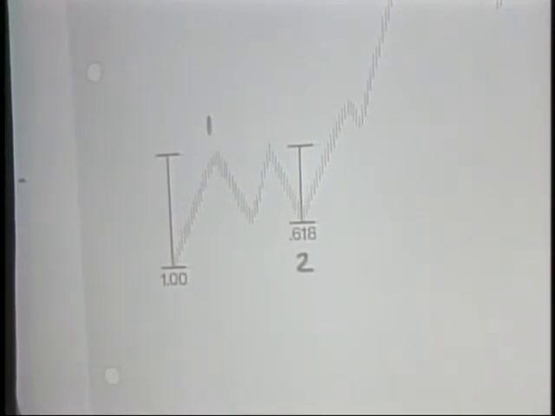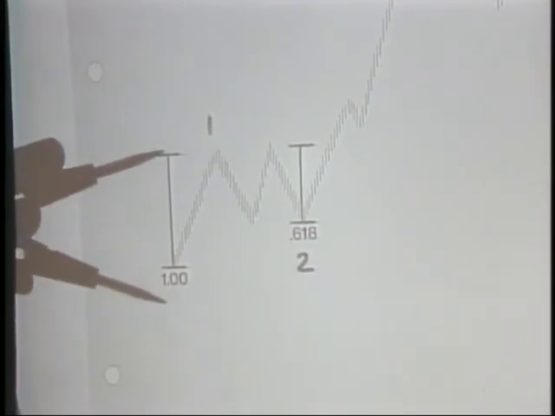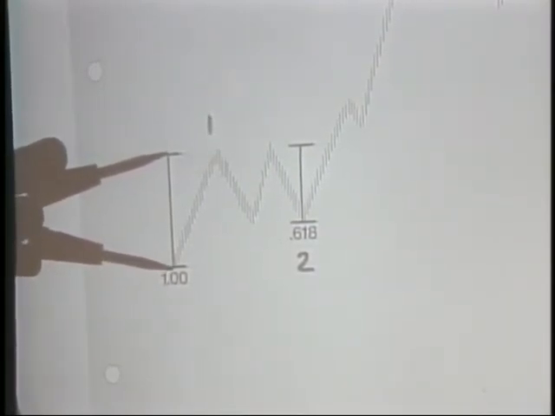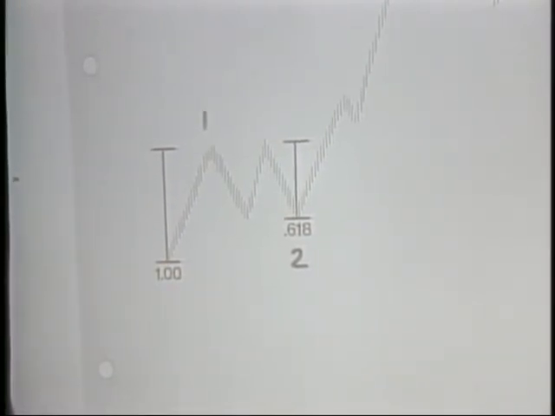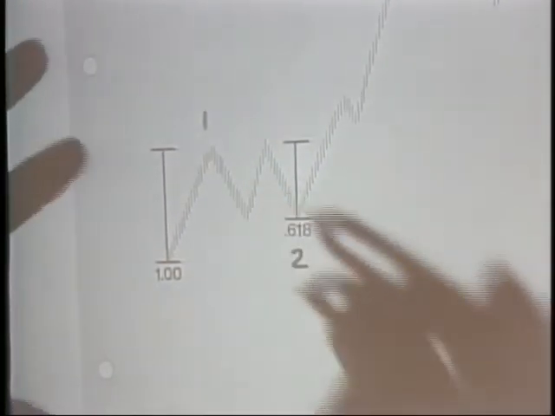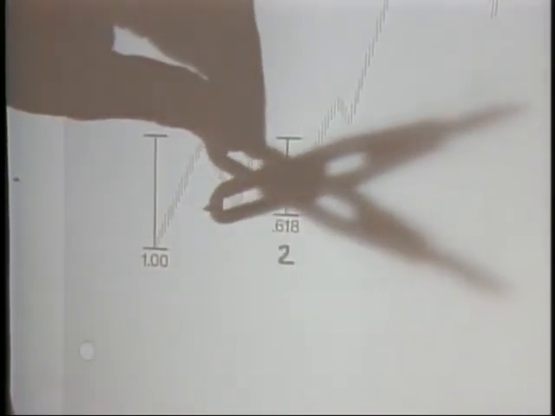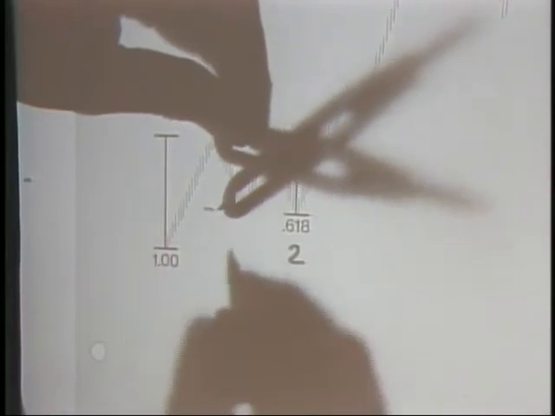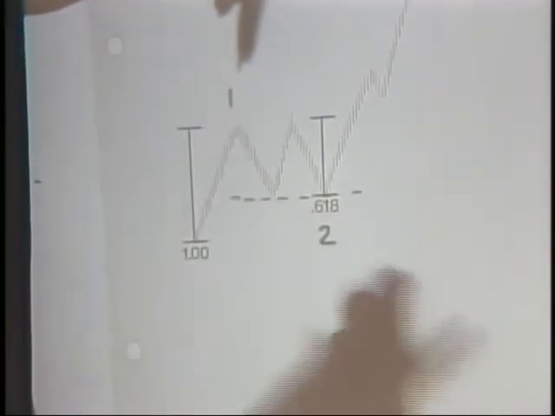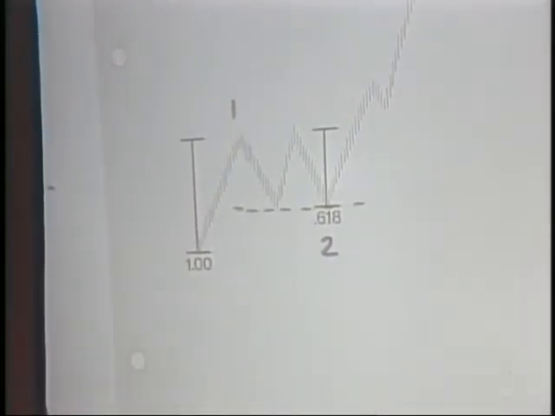You're looking for a retracement, so you begin with the wide end of the compass. You measure the length of your move, flip the compass, which now equals 62% of that length, subtract it from the peak of wave 1. Make a little mark, and you've got your measurement.